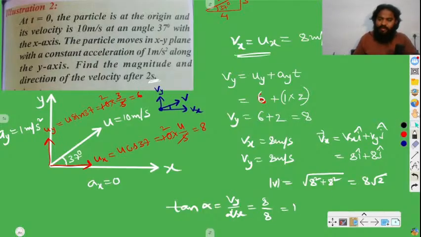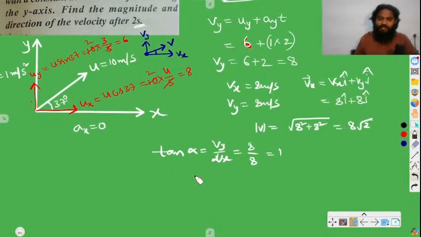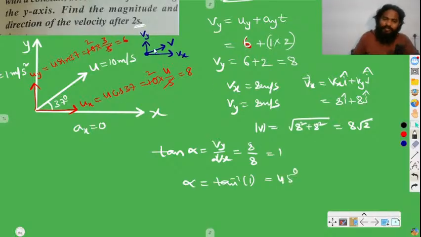So you know very well, tan alpha is equal to 1 means alpha is equal to tan inverse 1, which is nothing but 45 degrees, right? Now this velocity vector is making 45 degrees with the x-axis, right? This is the direction of the velocity vector after 2 seconds.